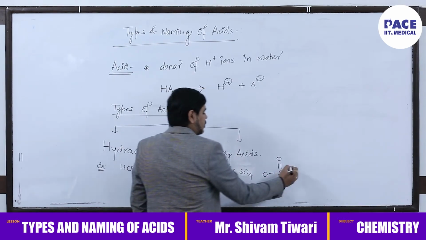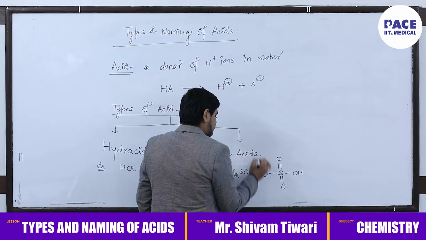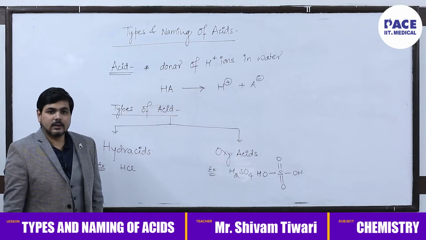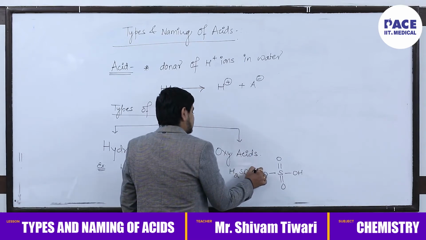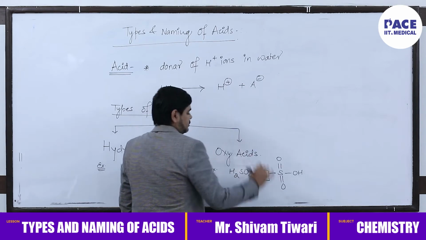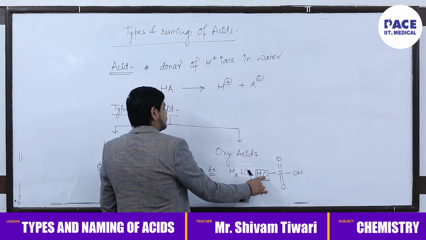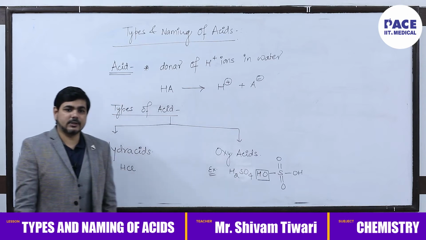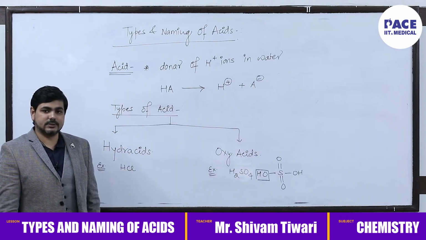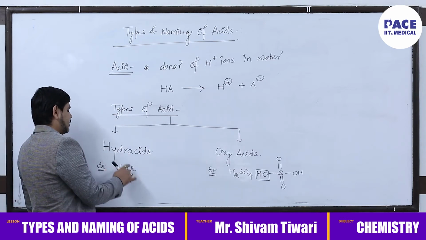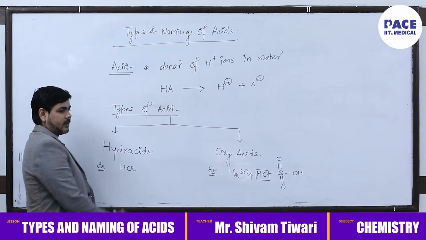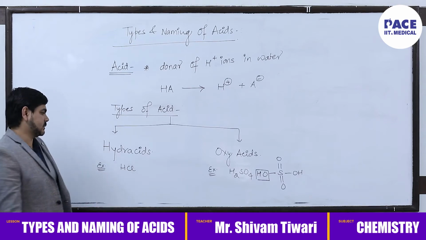This is the structure. You can see the hydrogen is attached to oxygen. Wherever you see this OH, that is called oxyacids. And wherever the non-metal is directly attached to hydrogen, that is called hydroacids.